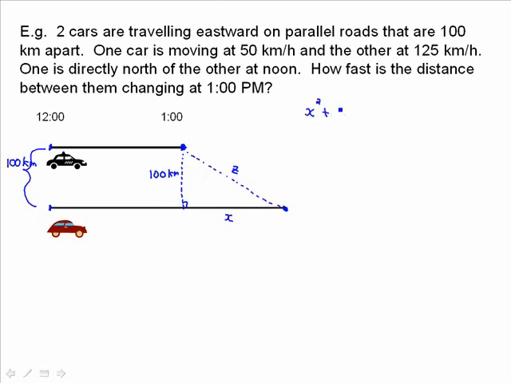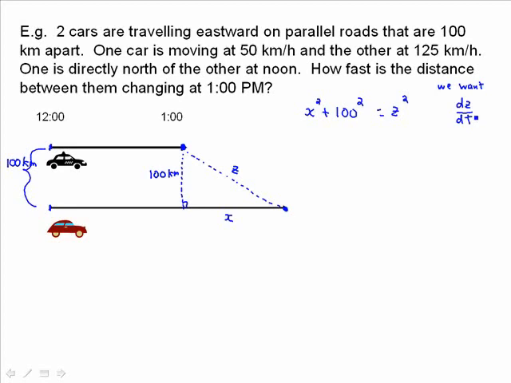So we get x squared plus 100 squared is equal to z squared. And we want dz/dt, specifically at t equal to 1 hour.